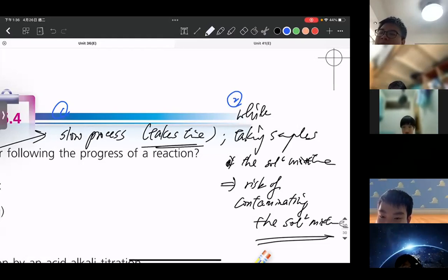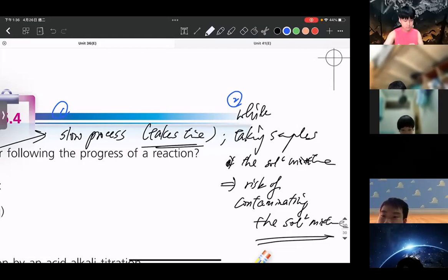What's the meaning of quench? Quench means to rapidly stop the reaction. How will you rapidly stop the reaction from carrying on? Does anyone know?